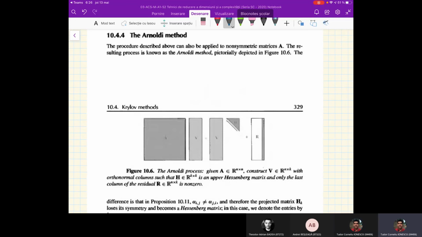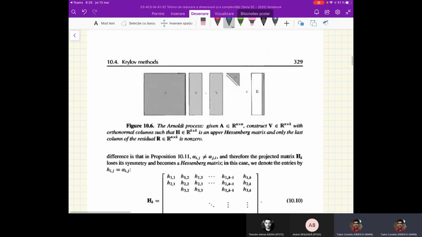So the procedure previously applied to symmetric matrices can be generalized to non-symmetric matrices, and the resulting process is called the Arnoldi process, depicted in this figure.